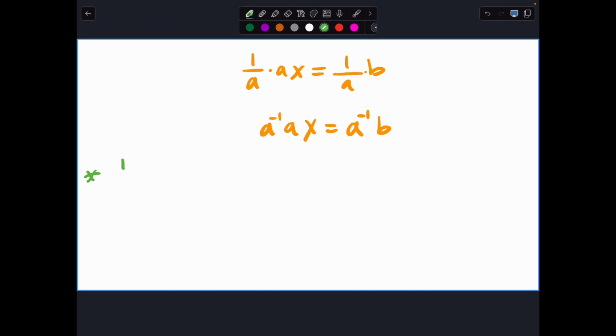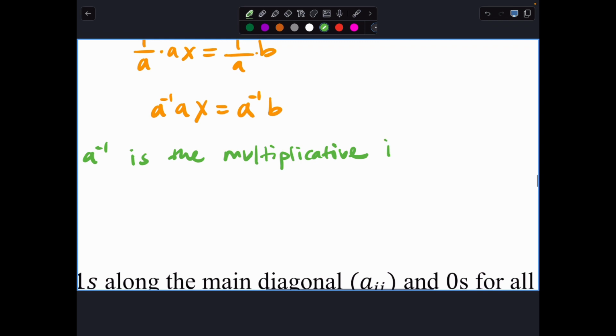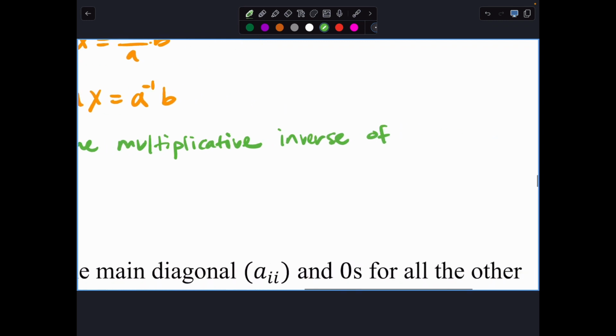So 1 over a, or a to the negative first, is the multiplicative inverse of a.